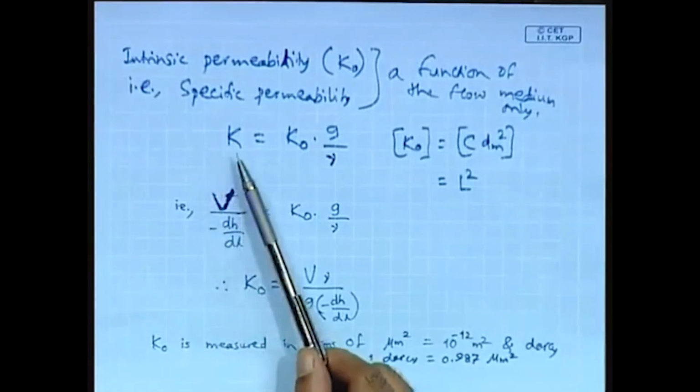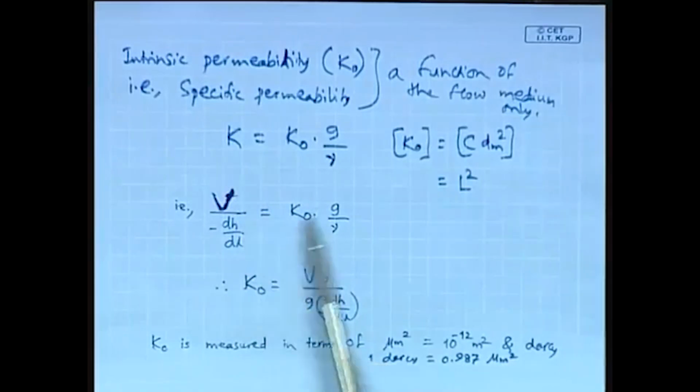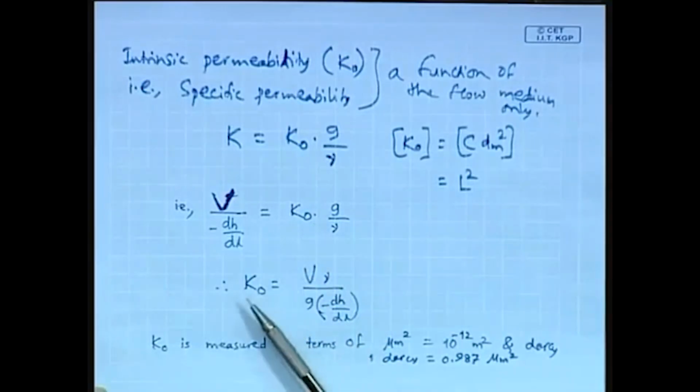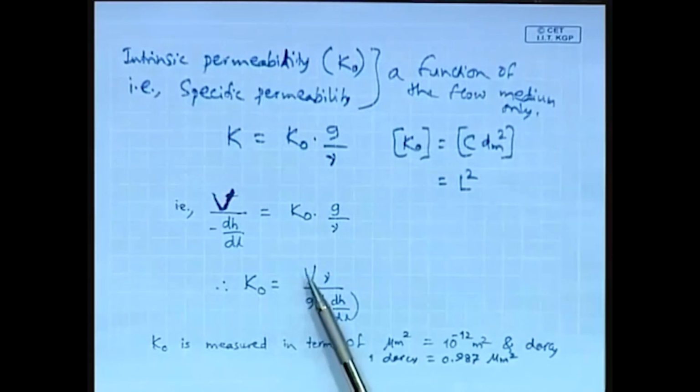So, that will be the hydraulic conductivity or permeability, and equating that to K0 into g by nu, finally, after simplifying, we get an expression for the intrinsic permeability, also known as specific permeability, as the product of V, the groundwater velocity, multiplied by nu, the kinematic viscosity of groundwater, divided by the product of the acceleration due to gravity g and the hydraulic gradient, that is minus dH by dL.